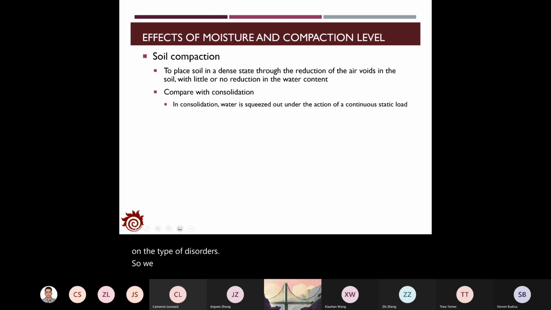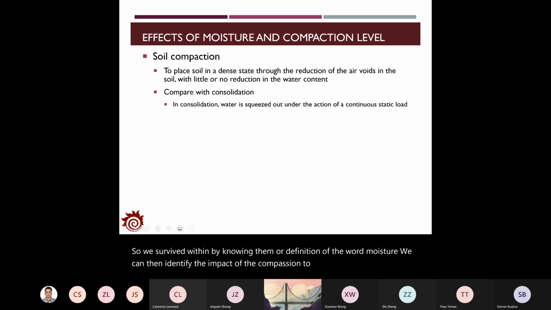So by knowing the definition of the moisture, we can then identify the impact of the compaction on the moisture contents. For the soil compaction, in the pavement design, we have some standard protocols. But basically, all those compactions will put the soil in a dense state.